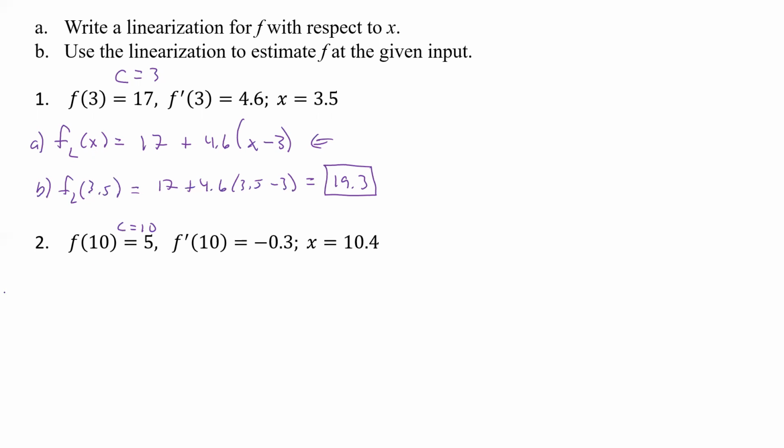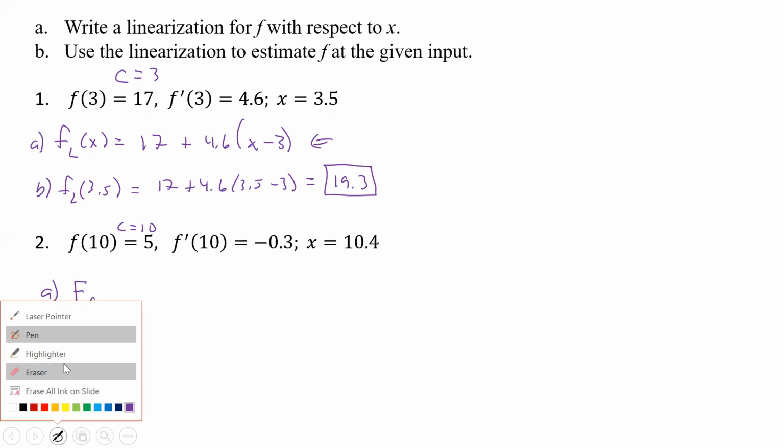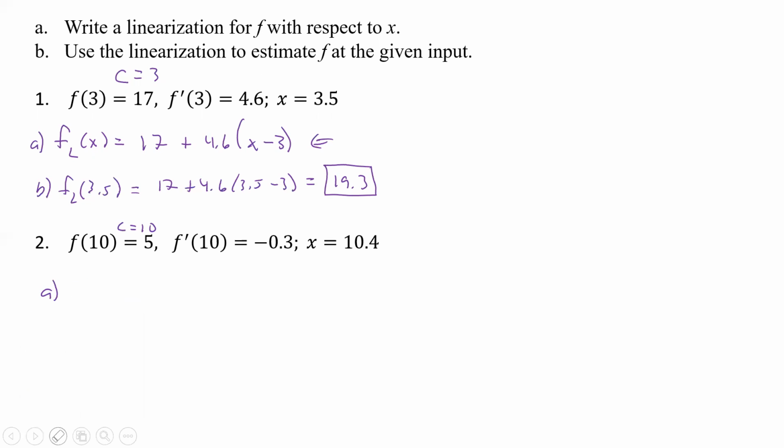So we have our function and our value. So same thing works here. Well, we're looking for f, well, I guess it's a little lowercase f of L of x is equal to our f of c, which is 5, plus f prime, which is negative 3, times x, and then it's going to be, well, our c was 10, so minus 10. Now, could we rewrite that?